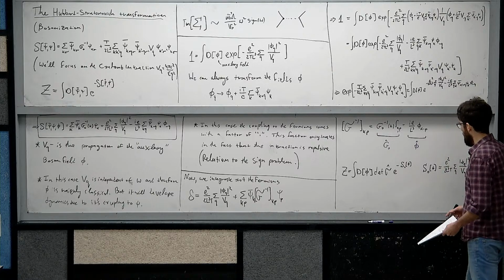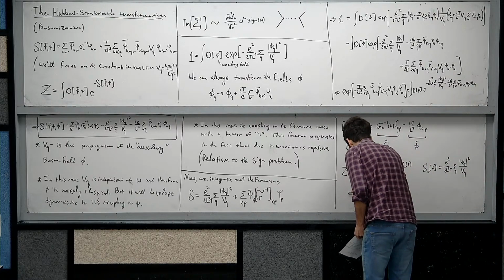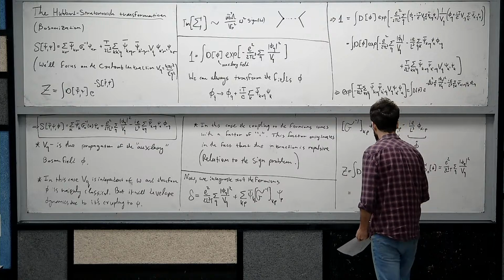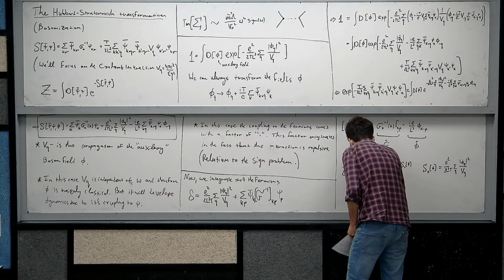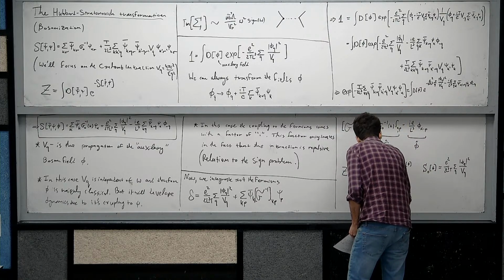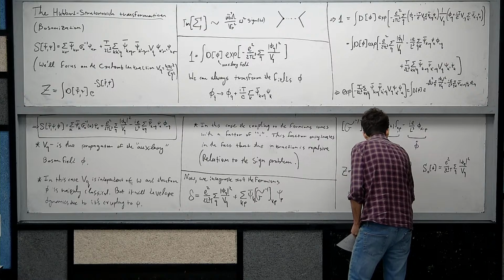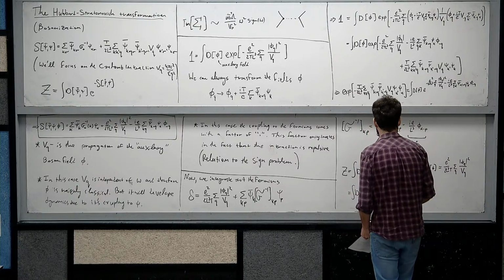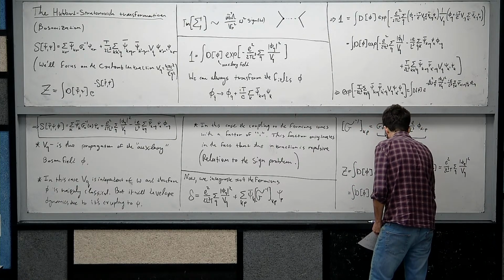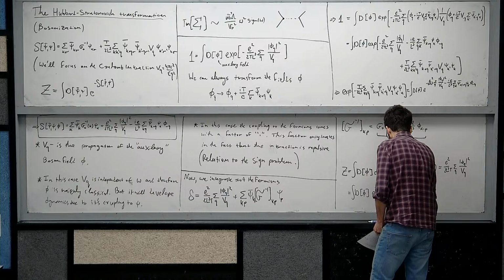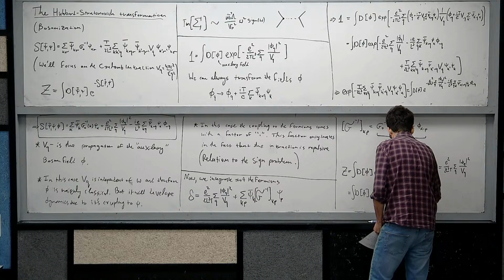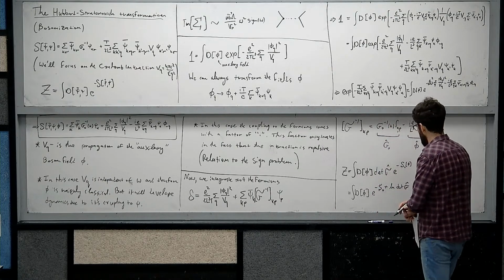Now this is equal to an integral d phi e to the minus S0 plus a ln of the determinant of this G.